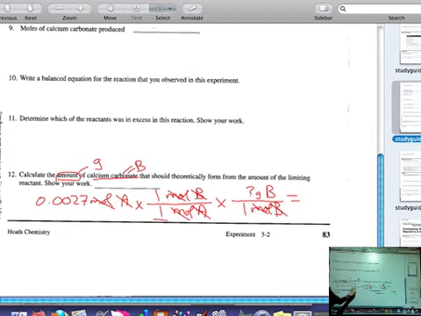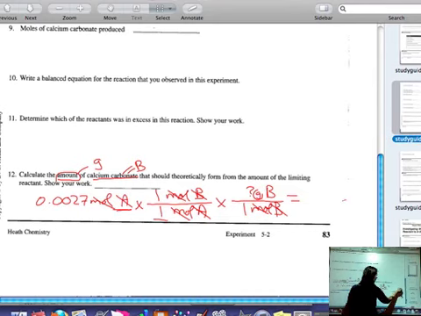So we went from the limiting reactant A to moles of A and B, out to B, which is our calcium carbonate, and we got straight to grams of B, which is grams of calcium carbonate. And so we get 0.0027 times that number of grams, which should give us the theoretical amount of calcium carbonate that's produced.